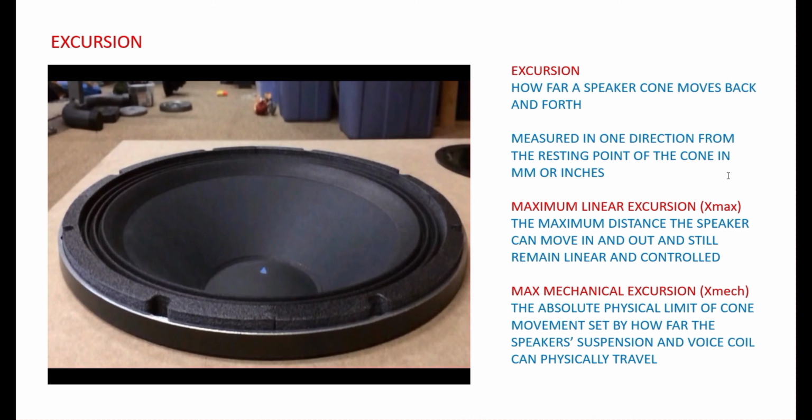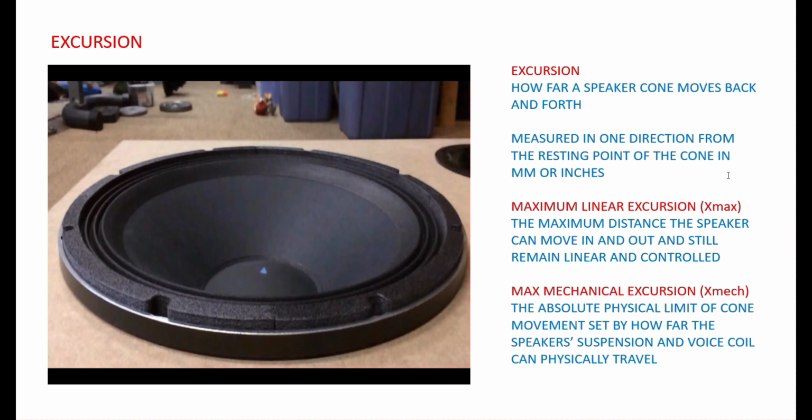If you remember when we talked about cone, Xmax times the area of the cone equals the displacement volume of the speaker. So that means the bigger Xmax, the louder you can generally play, right?